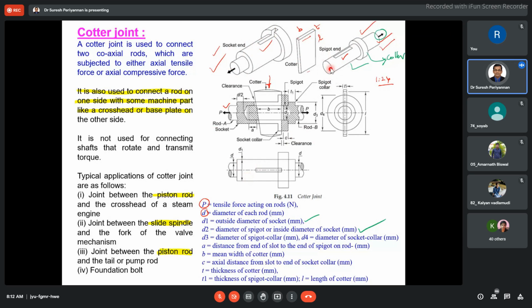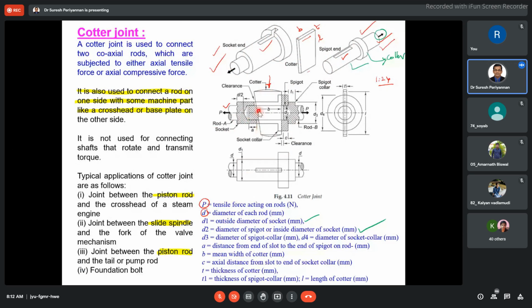This is a solid rod, but since the spigot goes inside the socket, its outside diameter must be equal to the inner diameter of the socket. And a is the distance shown here. Once we insert the spigot inside the socket, then we insert the cotter.